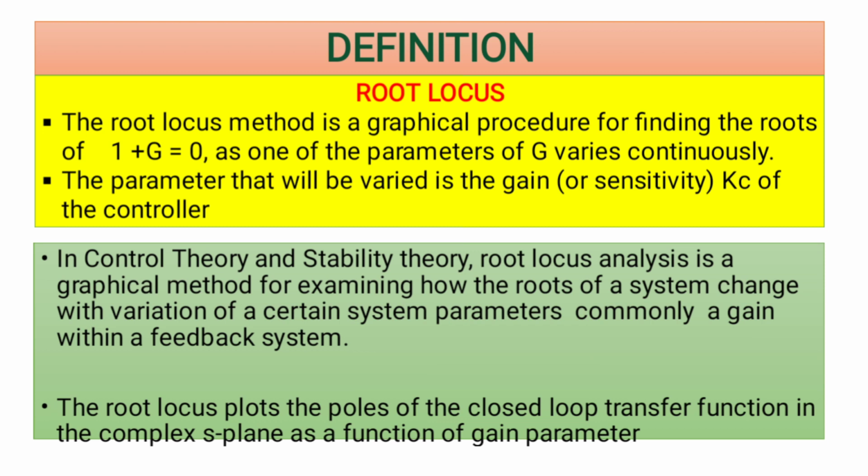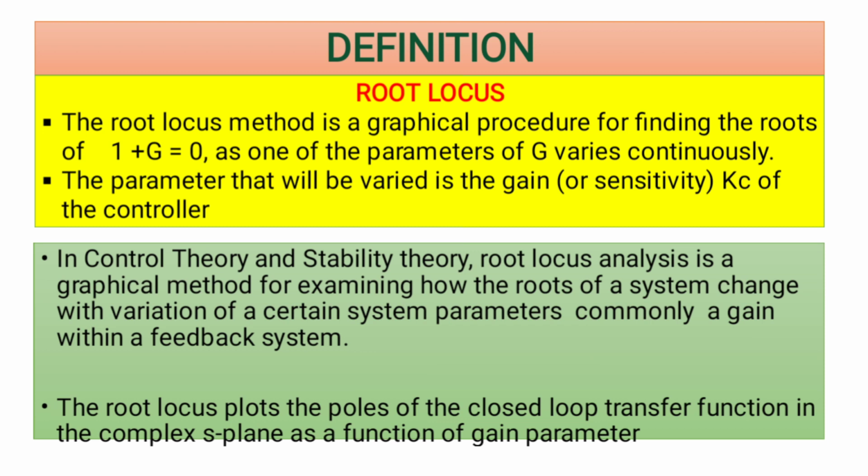Normally the parameter which varies is the controller gain. It may be a proportional controller, proportional derivative controller, or proportional integral derivative controller, whatever it may be. The root locus tells you how the roots will vary when there is a variation in the controller gain.